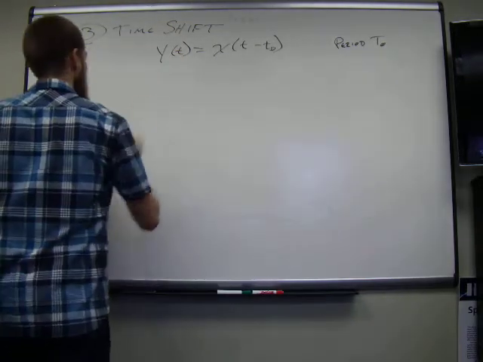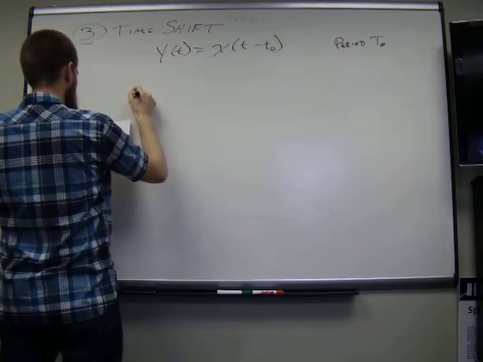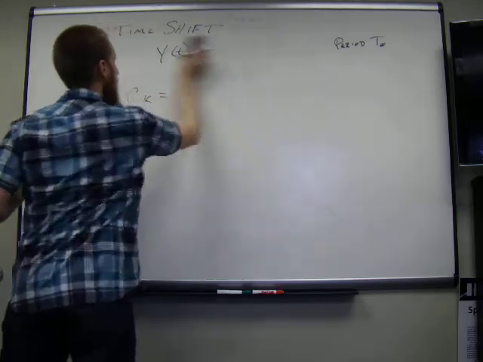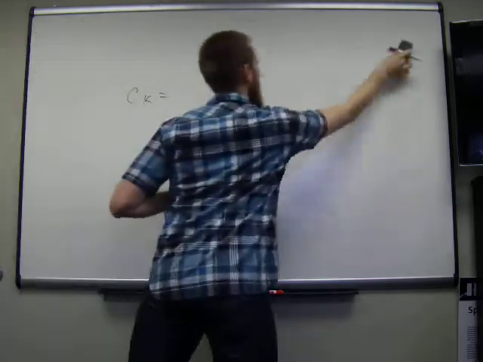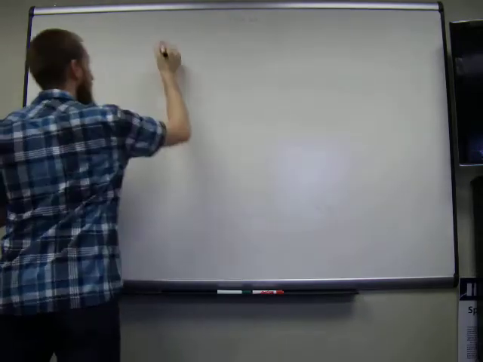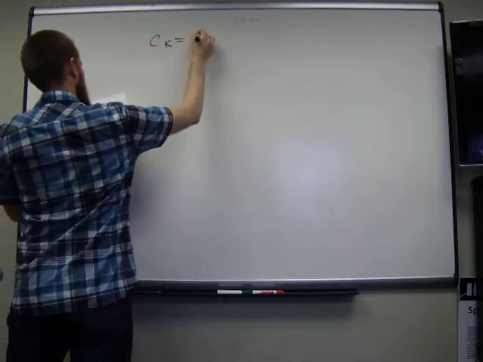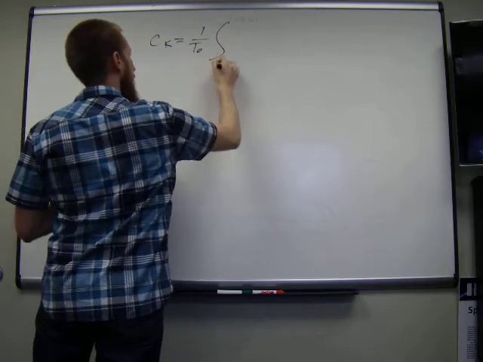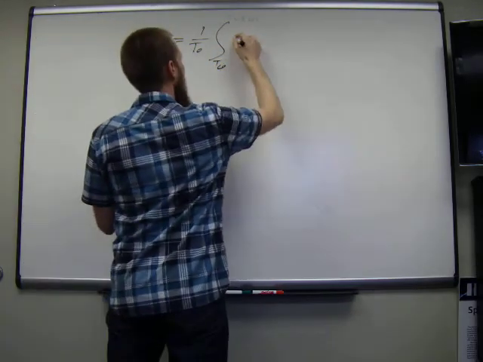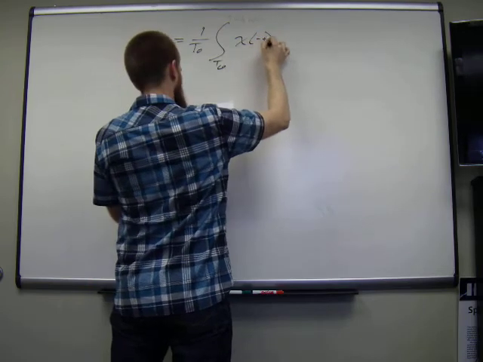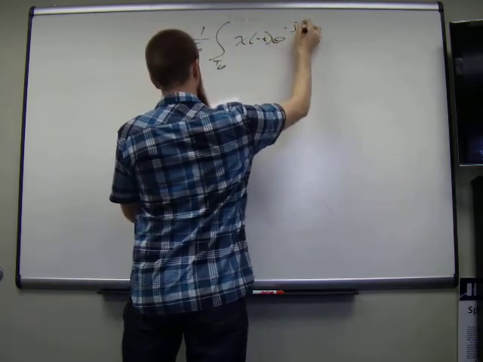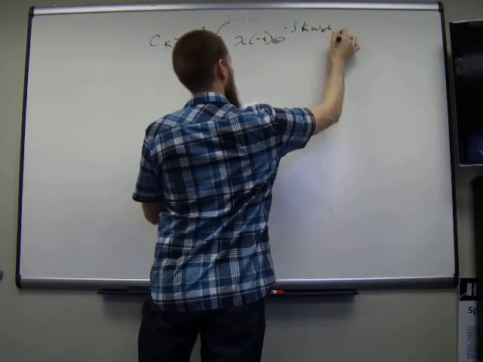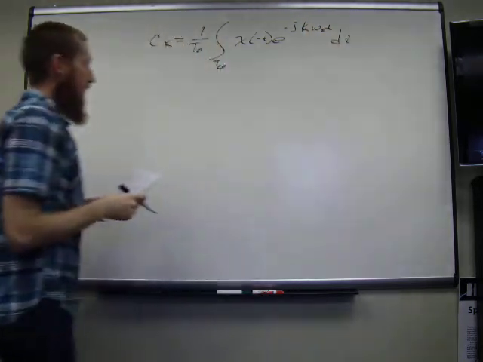So, let's look at this real quick. C of k is equal to, I'm going to erase this just so I don't get confused. C of k is equal to 1 over t naught of the integral over the period of t naught, x of negative t, e to the negative j, k omega naught t, dt.